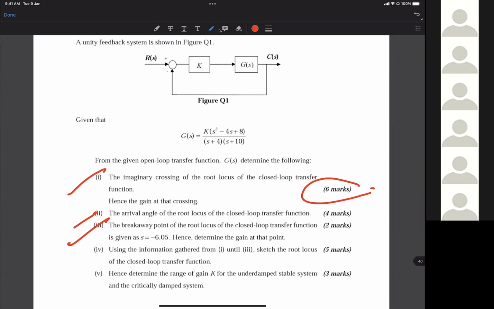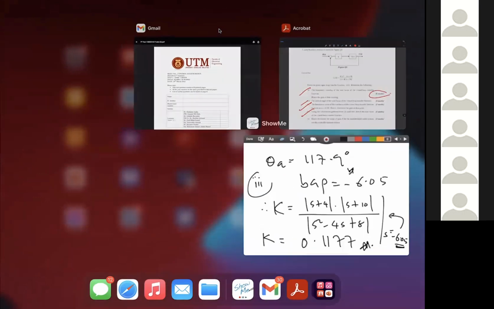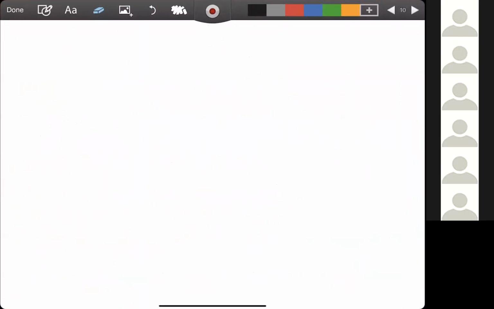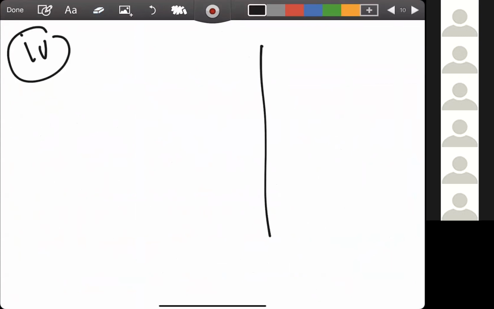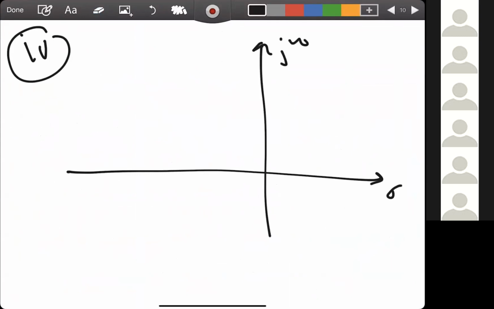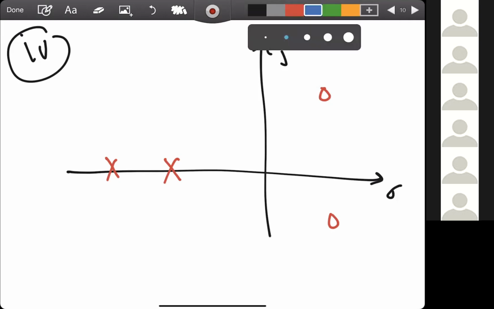Okay. So using the information gathered from 1 and 3, sketch the root locus of the closed loop transfer function. Sketch. So here, start from poles.